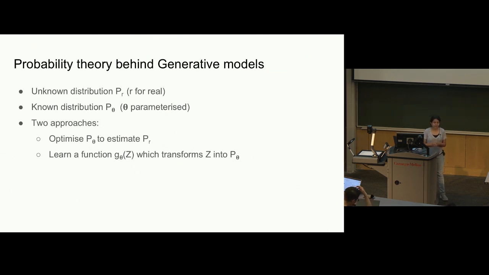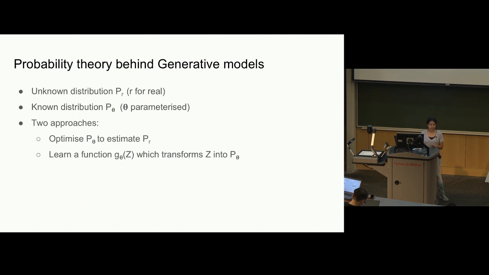So we know that when we talk about generative models in general, we start with an unknown distribution, which can be called P_R, where R is for real, and we want to estimate or approximate this distribution using an already known distribution, P_theta, which is parameterized by theta obviously, and we want to transform this P_theta distribution to approximate this P_R distribution. So that's exactly what GANs are doing basically in general.